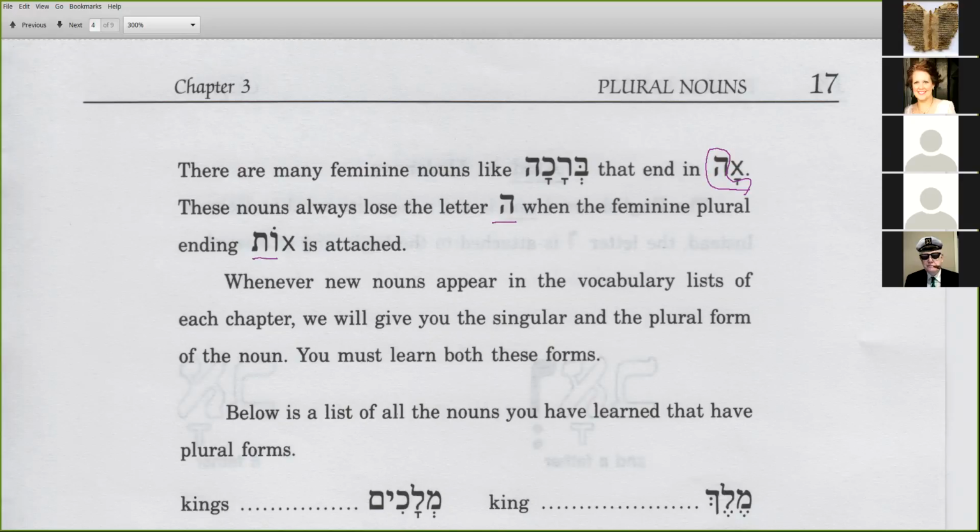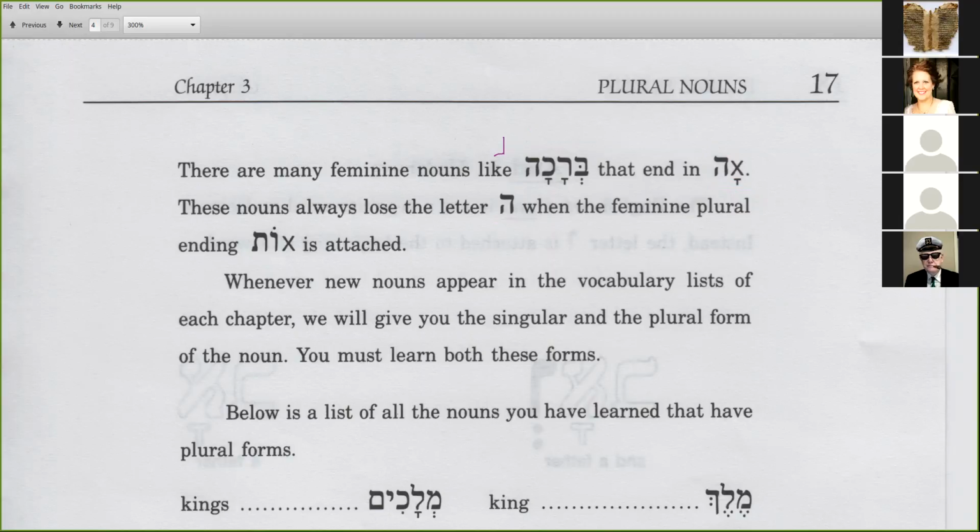So this part gets X'd out, and this gets added on. That tav is a bit of a shabby looking tav, but you're getting the point. It drops a letter and it adds the suffix. So that's what we're going to see too. That's what we're talking about.